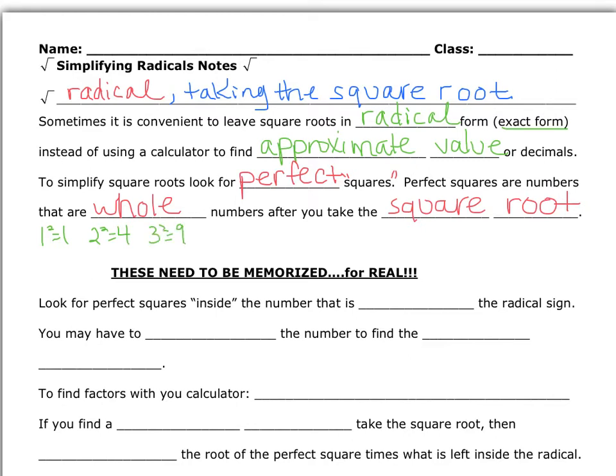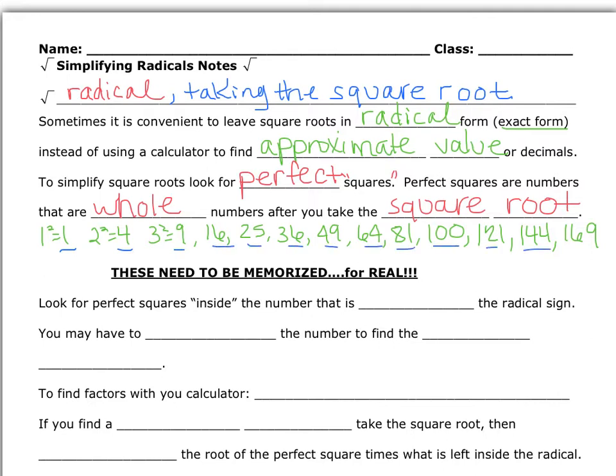You keep going. 4 squared will get you 16. 5 squared, 25. 6 squared is 36. 7 squared is 49. 8 squared, 64. 9 squared, 81. 10 squared, 100. 11 squared, 121. 12 squared, 144. 13 squared, 169. You can go on and on, but these probably are your most common ones.